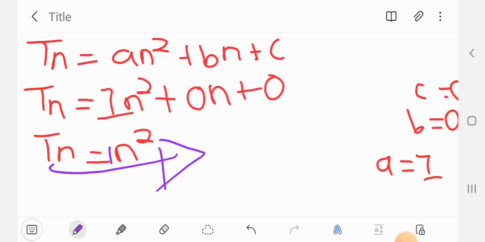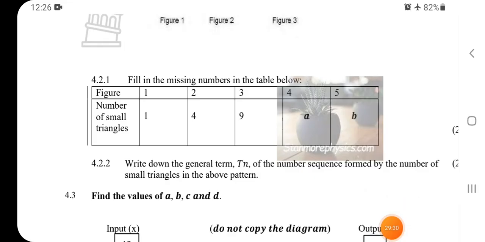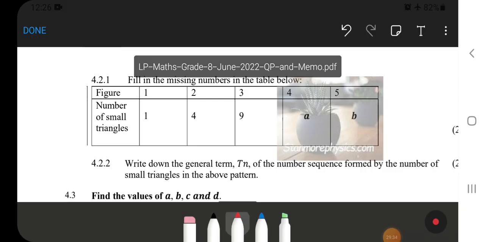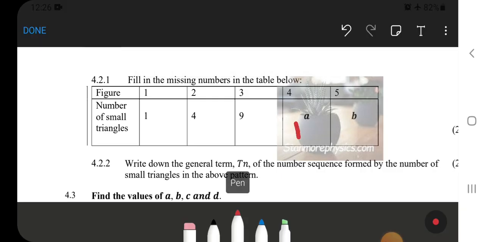So this is the formula for the nth term for this question here. So we calculated A was 16 and this one B was 25.